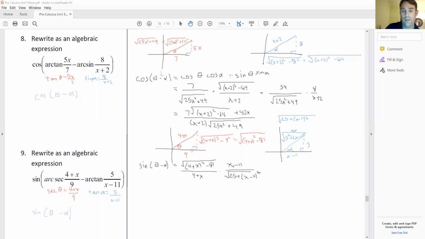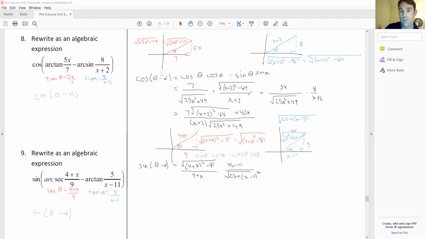And again, just so we're aware here, this is sine theta cosine alpha minus cosine theta sine alpha. That's just a little reminder of what we're doing.